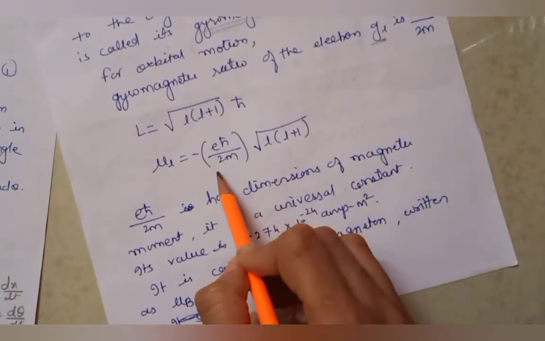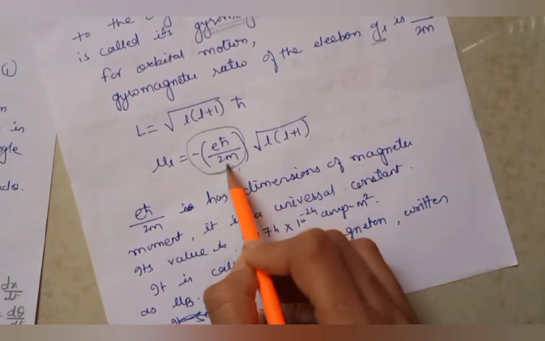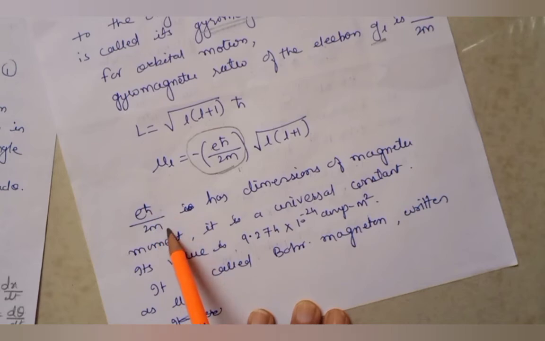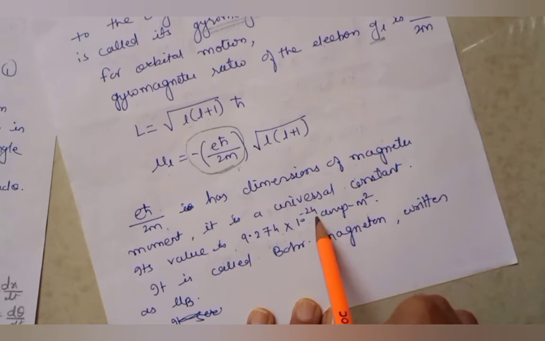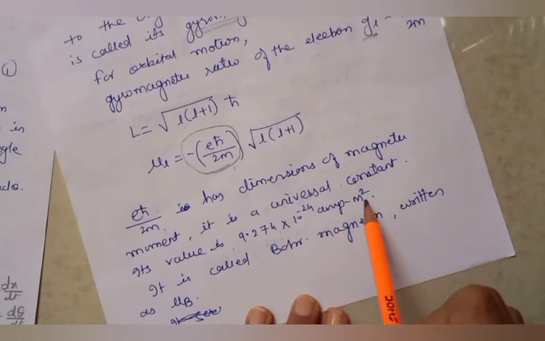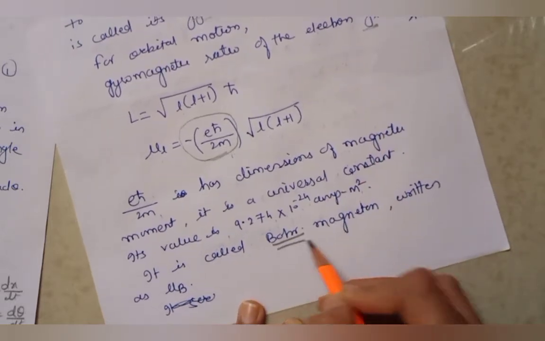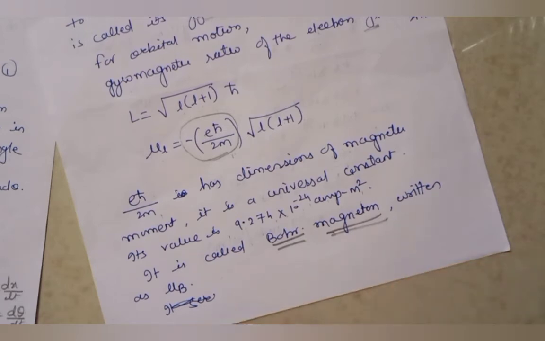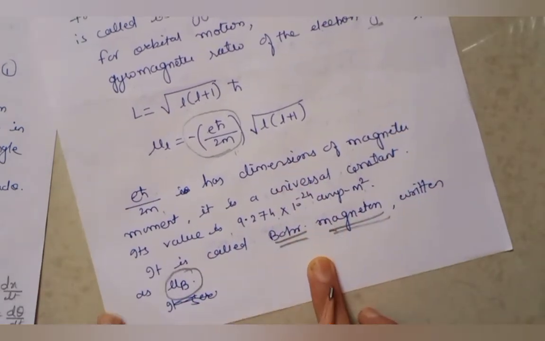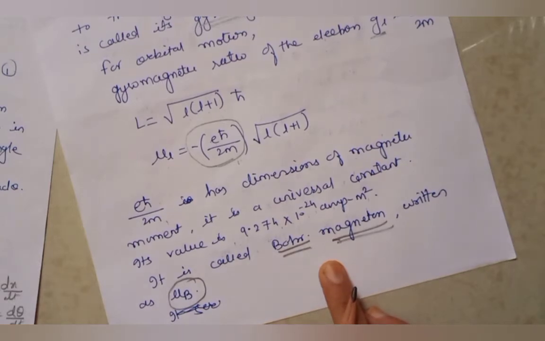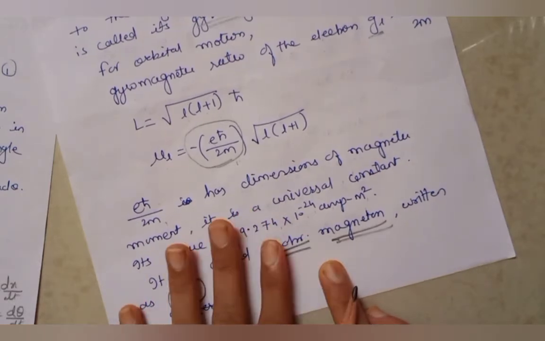This EH cross upon 2m has dimensions of magnetic moment. It is a universal constant. Its value is 9.274 into 10 raised to minus 24 ampere meter square, and it is called the Bohr magneton, and it is written as mu b. This is very important, and it is used many times in many physics topics, so you should know this.